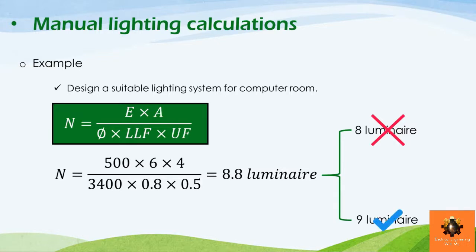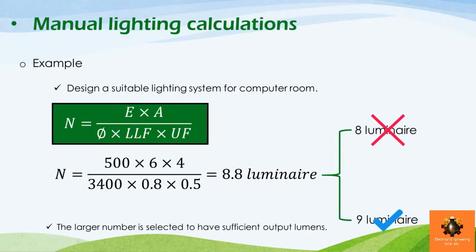While 9 luminaires is a right selection, as it will give us a larger amount of lumens, which is what we need to be on the safe side for our design. So it's not a problem to have a slightly larger amount of lumens, but it will be a problem to have a lower amount of lumens. Hence we usually select the larger number, not the lower number, to account for the worst case at which we need the larger output value.